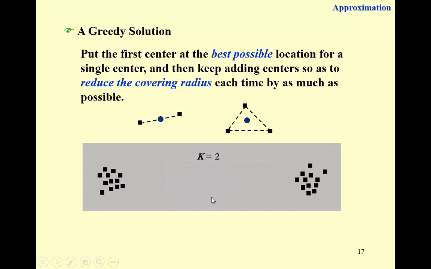However, check this one out. If we have n sites gathered here and here, and k equals 2, what are we going to obtain with this greedy solution? Step 1, we just try to find the best possible location for the first center, and that will be placed here.